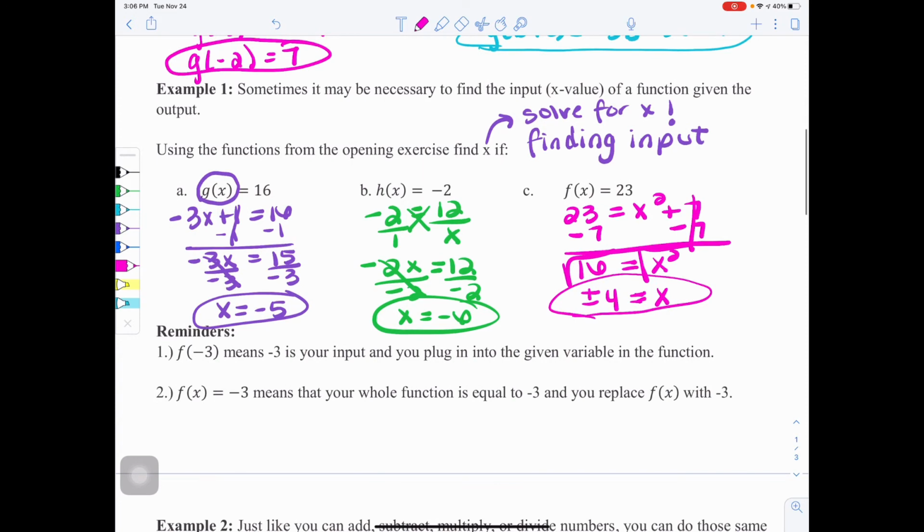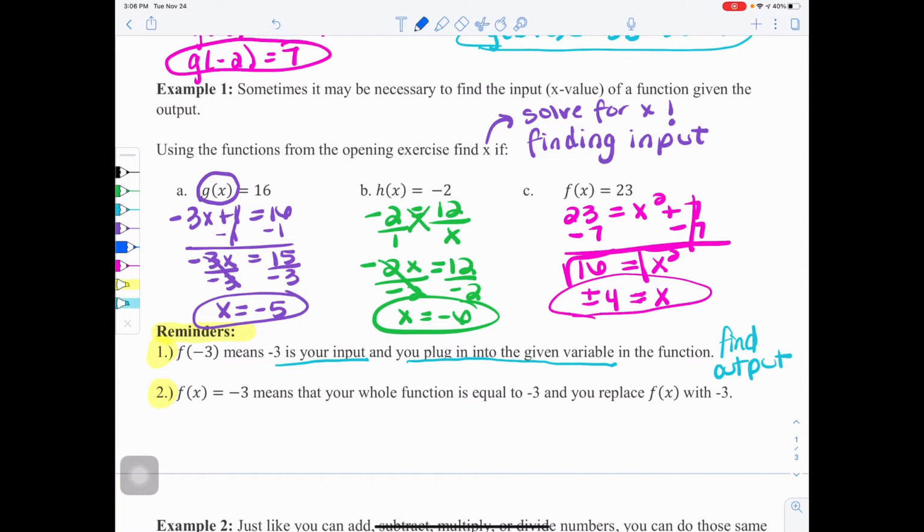Now, a couple of reminders. These are important. I would star these, highlight them, whatever you need to do so that you know how important they are and refer back to them. F of negative 3. That's how you read that. F of negative 3 means that negative 3 is your input, and you are going to plug it into the given variable in order to find the output.